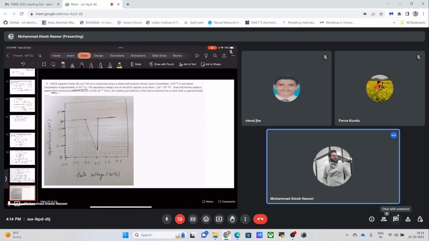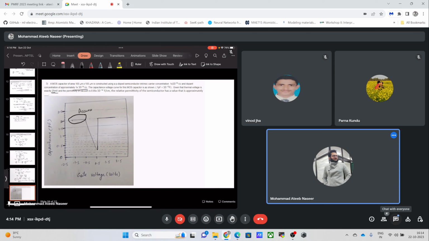MOS capacitor. So simply now what we can do, we can look into this curve and we can say the value of the 2 picofarad will correspond to the depletion region. Sorry, not depletion region, it would be accumulation.